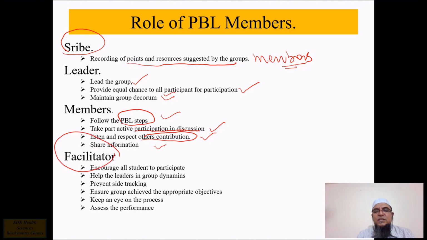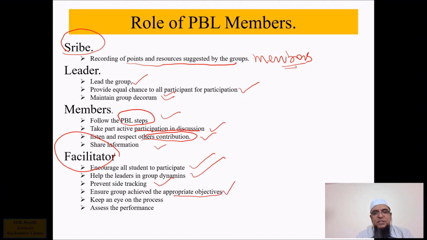Now, what is the role of the facilitator? The role of the facilitator is to encourage all the students to participate. The role of the facilitator is to help the leader to maintain the group dynamics. The role of the facilitator is to prevent sidetracking or cross-talking. The role of the facilitator is to ensure that the group has achieved the appropriate objectives.